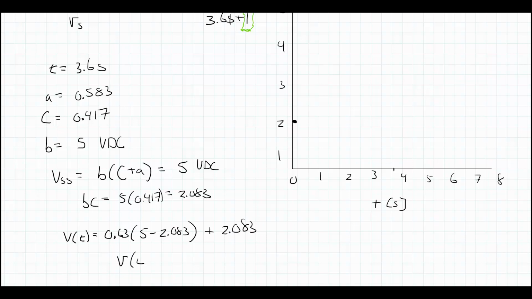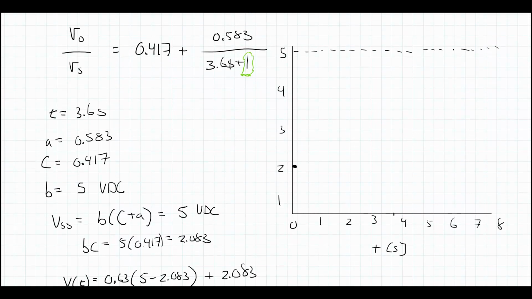So v of tau is going to come out to about 3.92 volts DC. So almost 4. So right about here is going to be the value of our output voltage at our time constant.